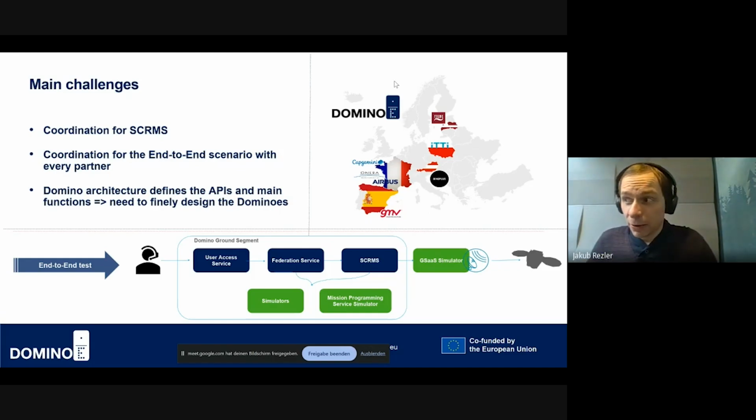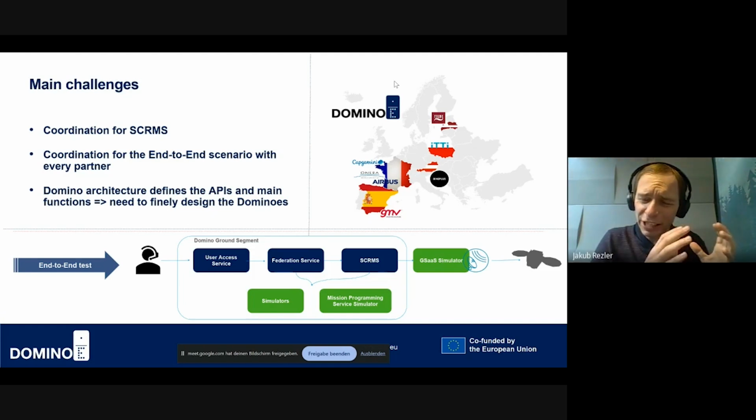As I said, there's a lot of communication involved, making sure we know how it's supposed to work, finding out at times how it's supposed to work, and making sure that everyone knows how it's supposed to work. And once we get into the end-to-end scenario, to explain, there are two types of scenario here.